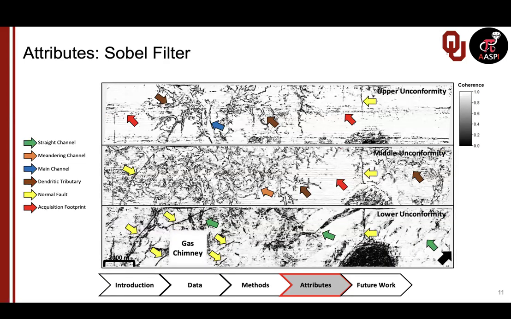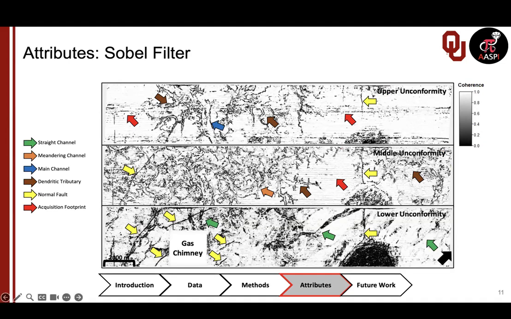So the next attribute that I ran was an edge detector, Sobel filter, which is a great attribute. It's very similar to variance in Petrel, but AASPI's similarity attributes do account for dip, so they are a little better. Sobel filter is able to pick up things that Petrel's variance is not able to pick up.